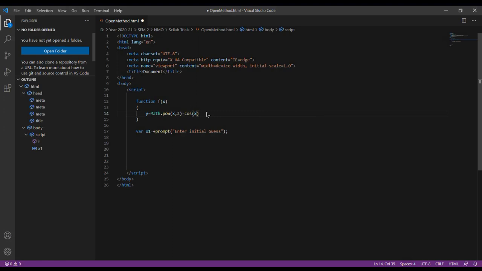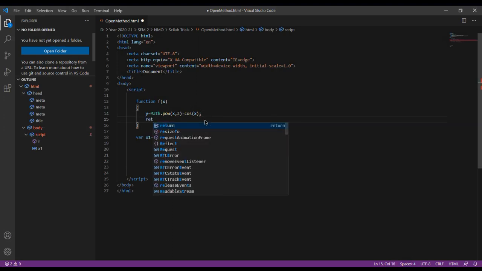Semicolon. And after that you type return y in round bracket. Return y, semicolon after that. So now let's put var before y. Var y equal to, that will be fine.